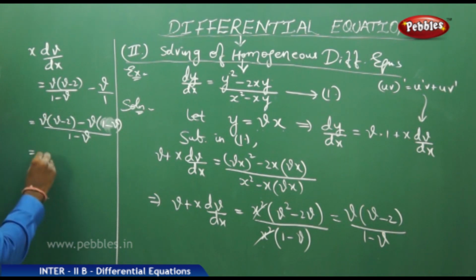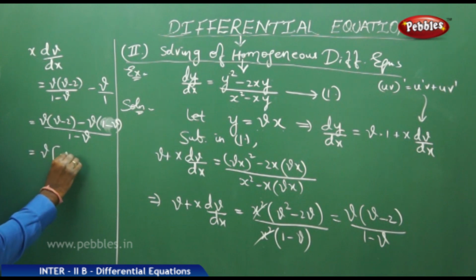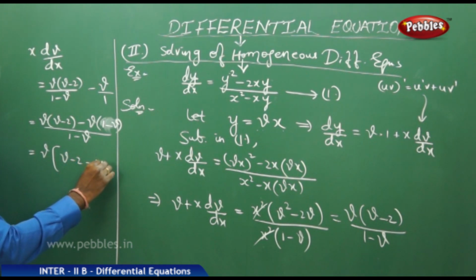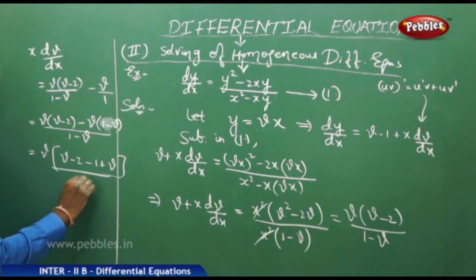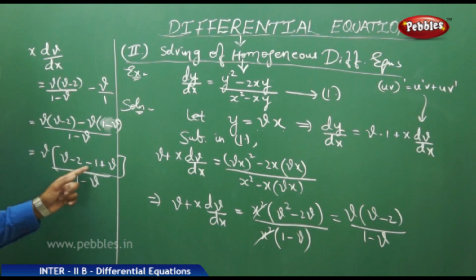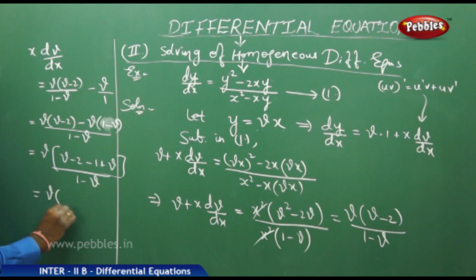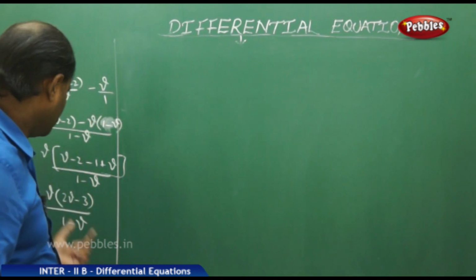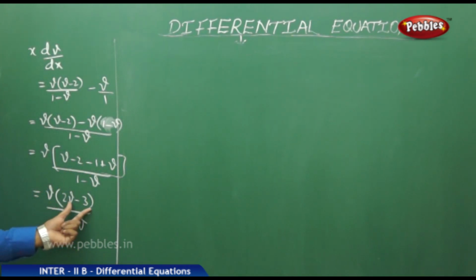This, on further simplification, gives v times v minus 2 minus 1 plus v by 1 minus v. This, on further simplification, gives v times 2v minus 3 by 1 minus v.